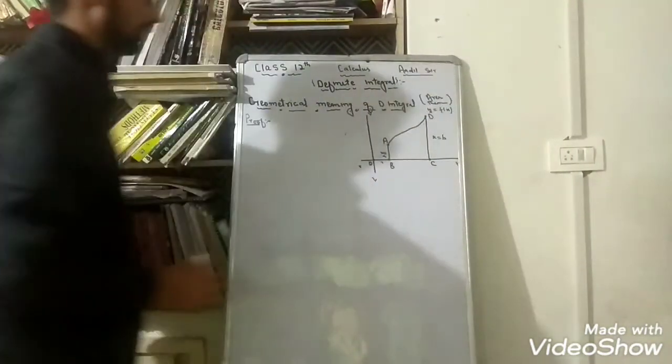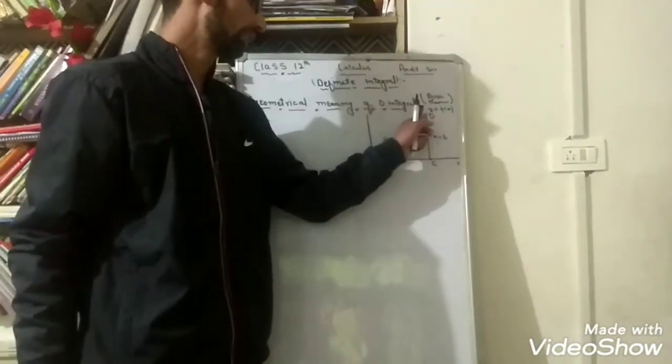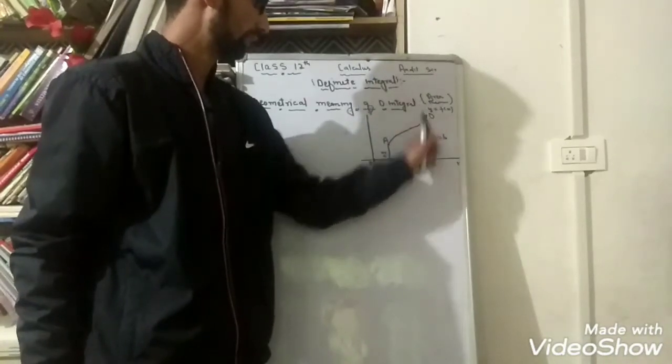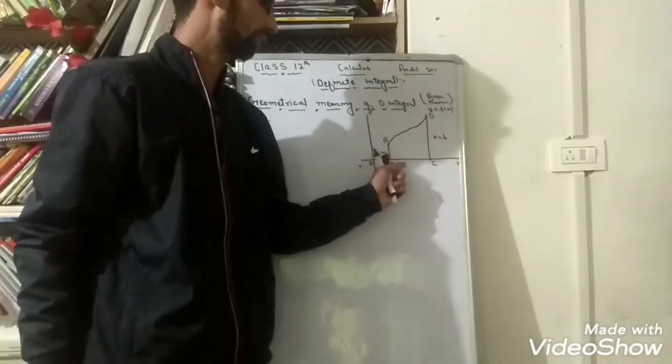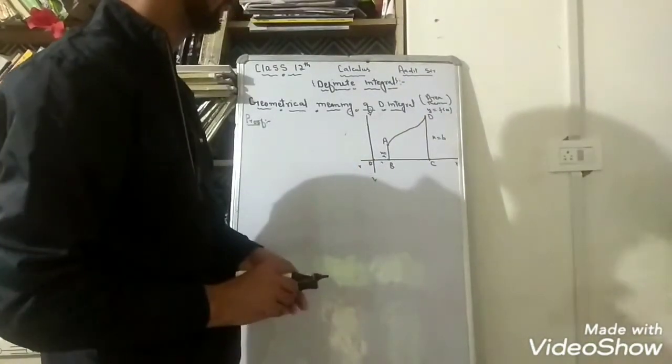So now what I have to prove? I have to prove the area that is enclosed by this AD, this curve f of x, and these two bounds AB and DC, and this x-axis BC is equal to the integral of f of x.